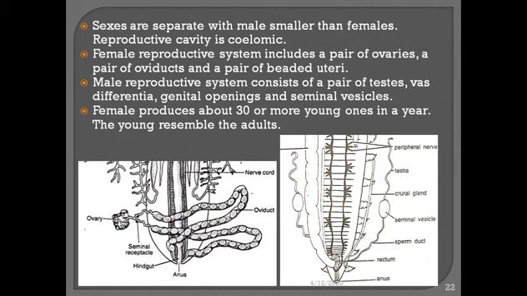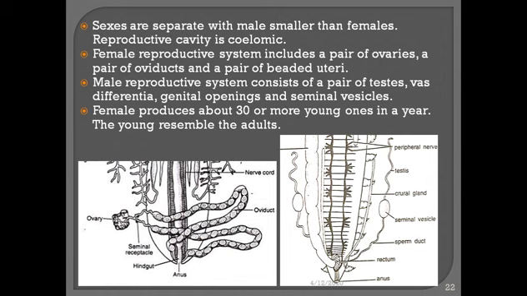Similarly, the male reproductive system is formed of testes, and the tube which is carrying the sperm called the vasa deferentia, then the seminal vesicle which can act as the storage site as well as the accessory gland, then it opens to the outside. So that's about the male and female reproductive system.